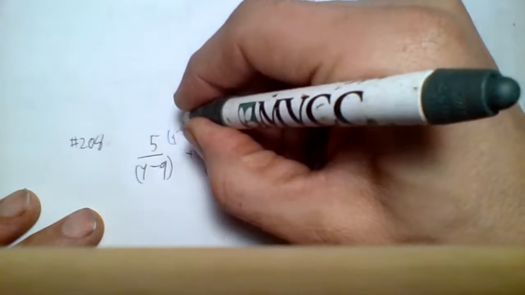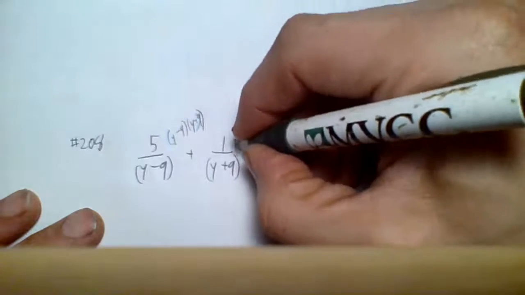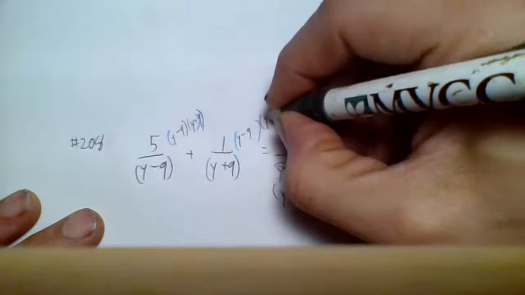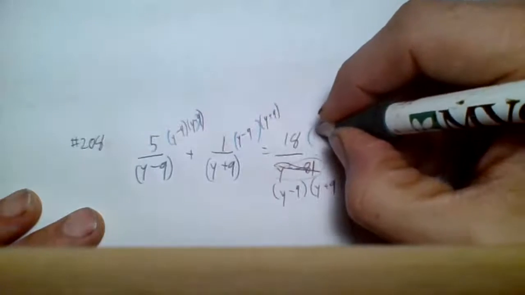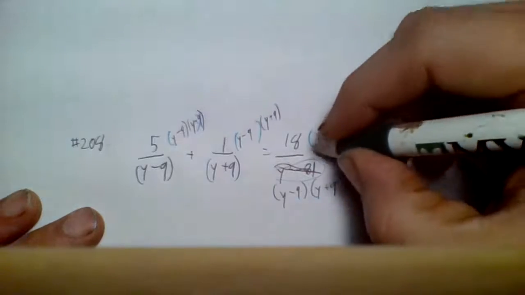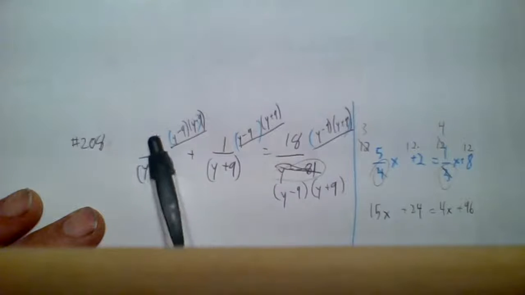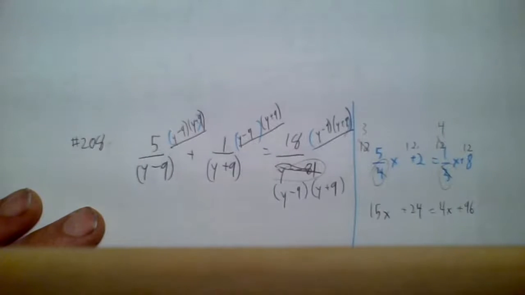Y minus 9 and y plus 9 goes up here. I made my parentheses a little too small here. I'll fit this in. Write it next to everything first. That is my common multiple. I'm using it as a multiple here because, just like over here, now I can get rid of all the denominators.